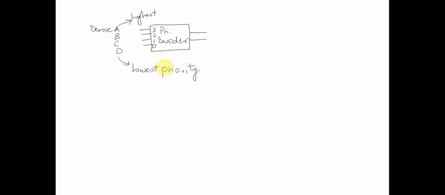The requests of these devices could be served depending upon the priority, and let's assume these two lines are going to a processor. So this is one of the uses of a priority encoder, where different devices can request access to the processor depending upon the priority order.